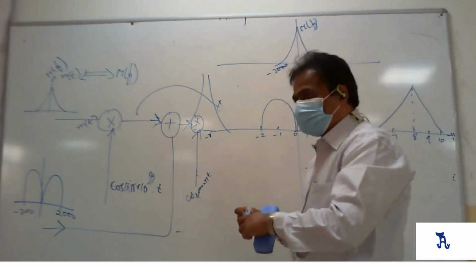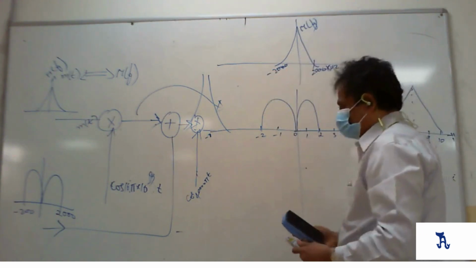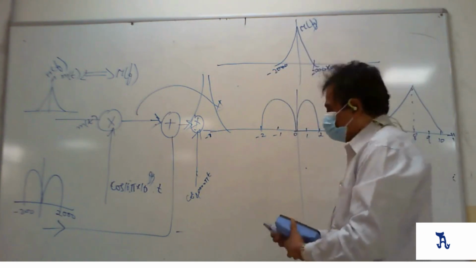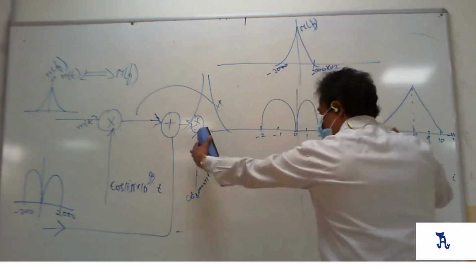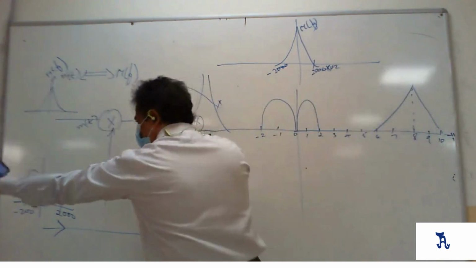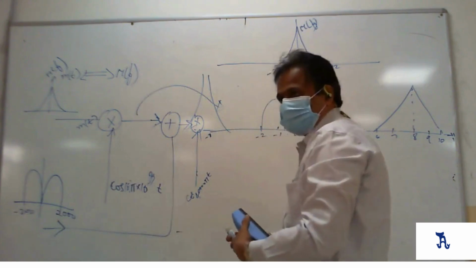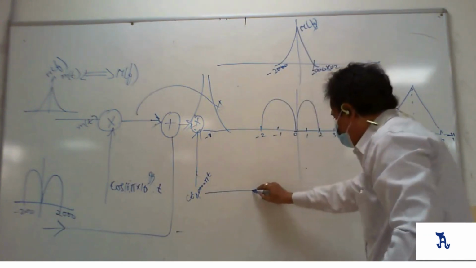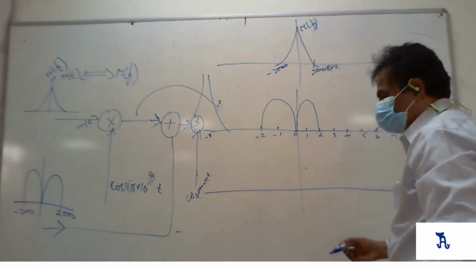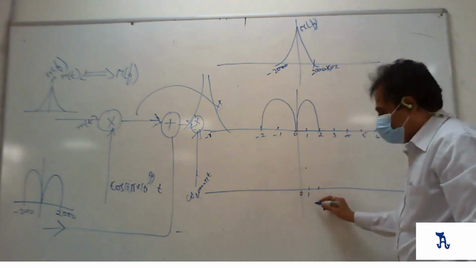Now tell me, what is the spectrum at this point? This entire thing will shift by 20,000, and the entire thing will shift by minus 20,000. Can you draw it? You have to put proper scale. 0, 1, 2, 3, 4, 5, 6, 7, 8, 9. I don't have space here, that's why I'm writing here.